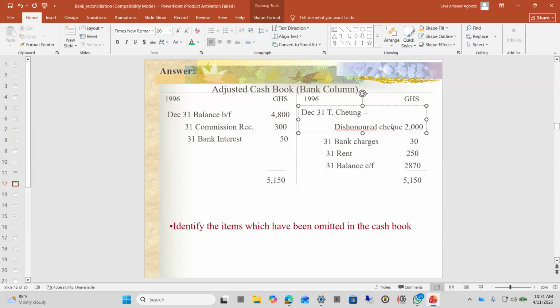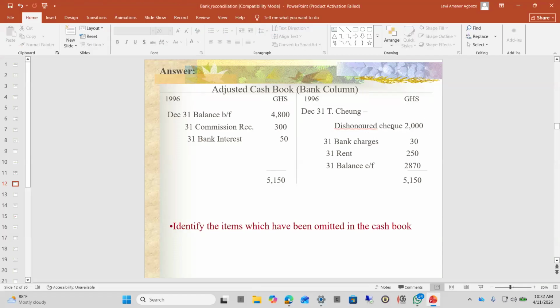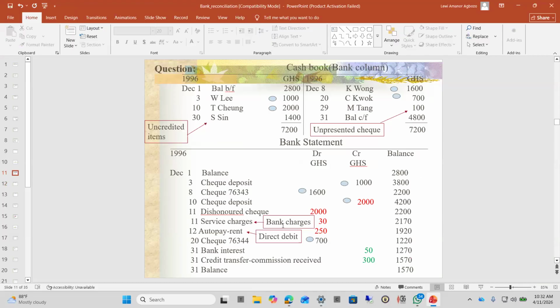So the previous slide, the dishonored check: it was a check deposited, which was credited with 2,000 to the account, and now the balance increased from 2,200 to 4,200.